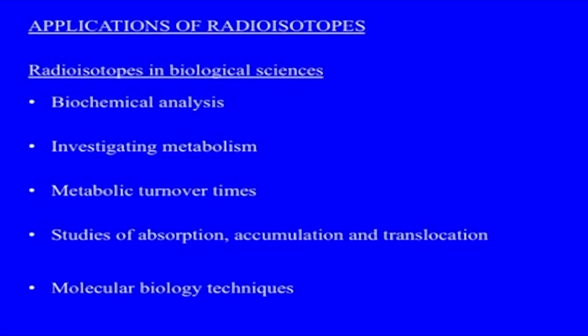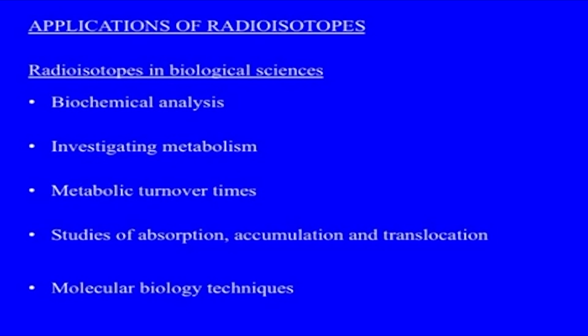Radio immunoassay could be utilized to determine these, like we have discussed earlier. So, biochemical analysis can use different kinds of radioisotopes.